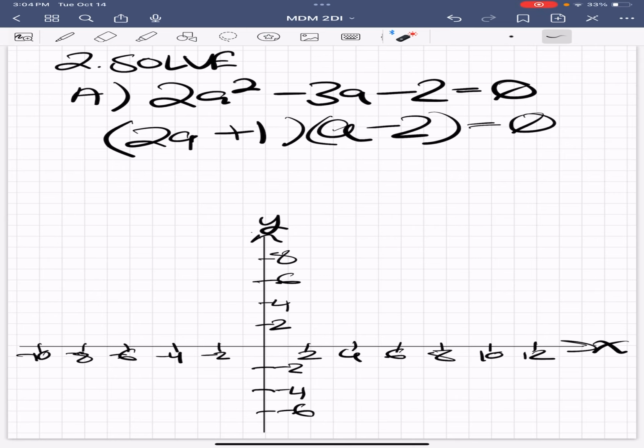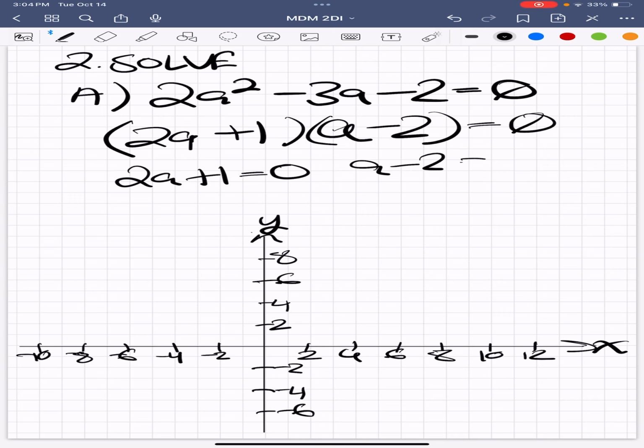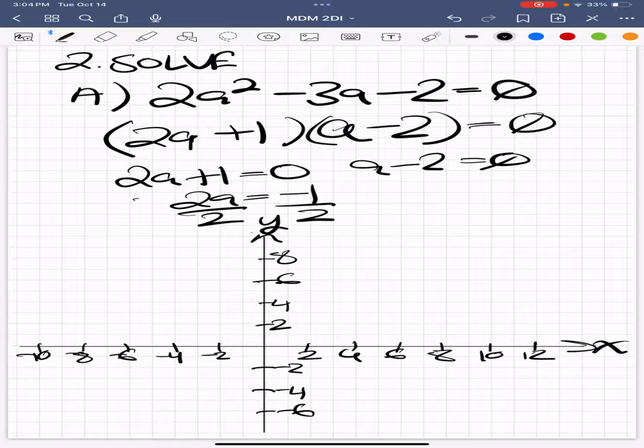We've factored it, and now we need to set each piece equal to 0. So a plus 1 equals 0, a minus 2 equals 0. Then we have 2a equals negative 1, over 2 over 2. And then we have a over here equals 2.